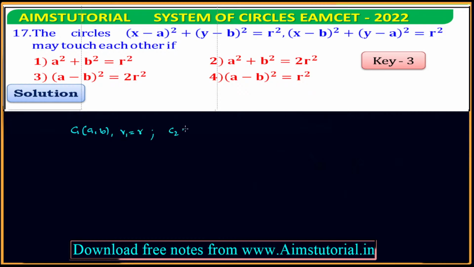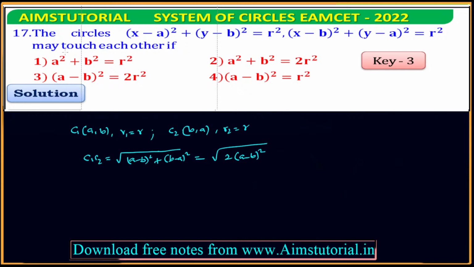C2 is the center of the second circle, (b, a), and r2 is r itself. The distance between the centers C1C2 is the root of (a minus b) whole square plus (b minus a) whole square. Both are the same, so we can write 2 times (a minus b) whole square.